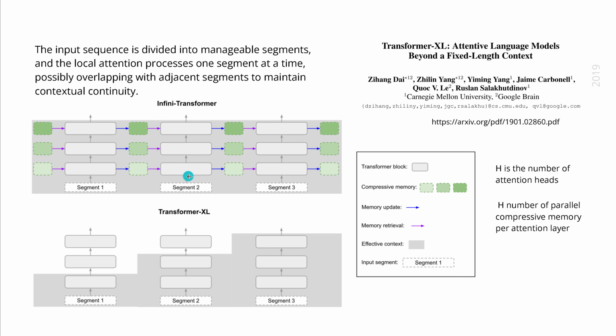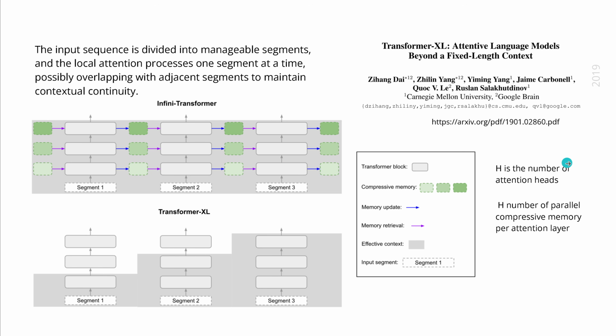Therefore, we not only have the local attention, but we also have extraction from the memory attention. And this goes on, and you go from segment 2 to segment 3, and your memory becomes more and more dense with more information.